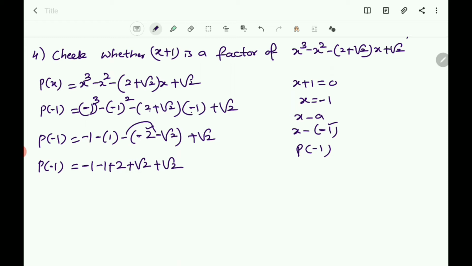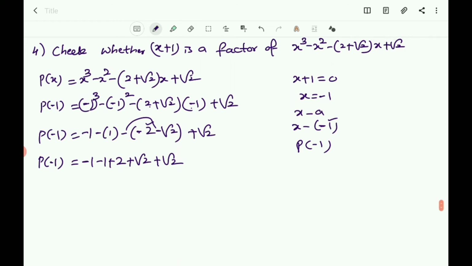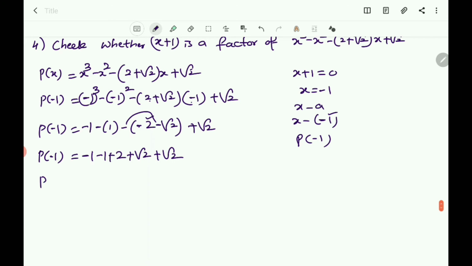Then P of minus 1 is minus 1 minus 1 minus 2, 2, then root 2 plus root 2 is 2 root 2. So 2, 2 cancels, and you got P of minus 1 equals 2 root 2.